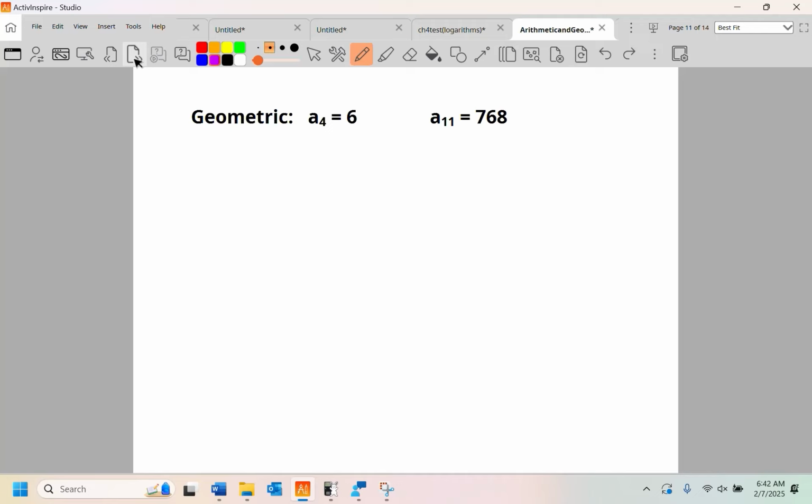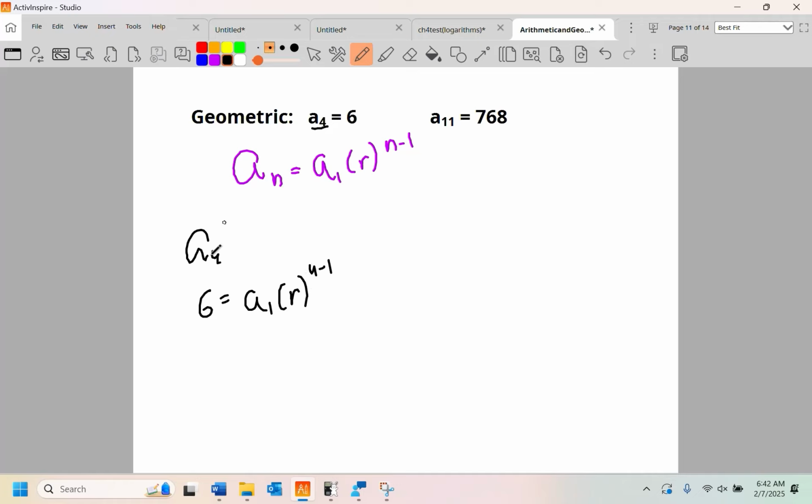You are told it is geometric, and the form for a geometric sequence is the first term times r raised to the n minus 1. So I'm going to talk about a sub 4. It is 6, and it must equal the first term times r raised to the 4 minus 1. So I know that 6 is equal to a sub 1 times r cubed.